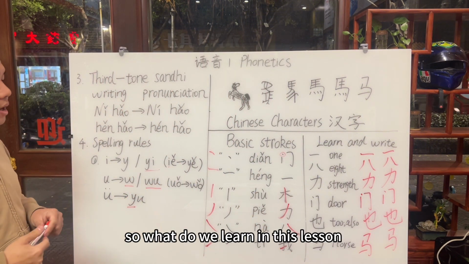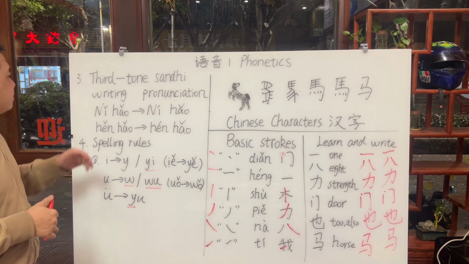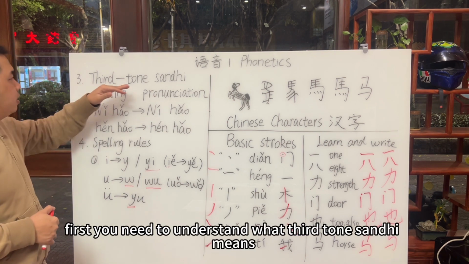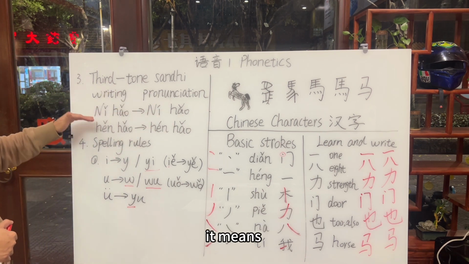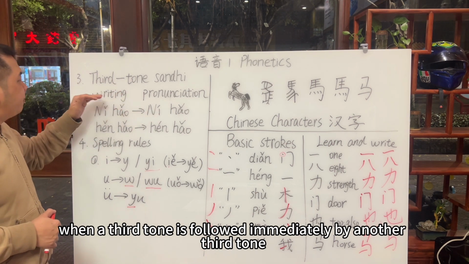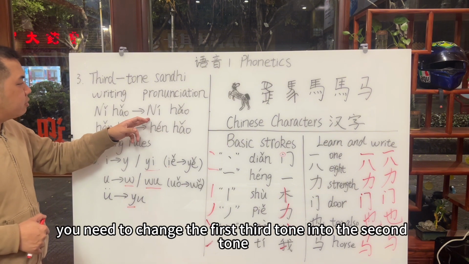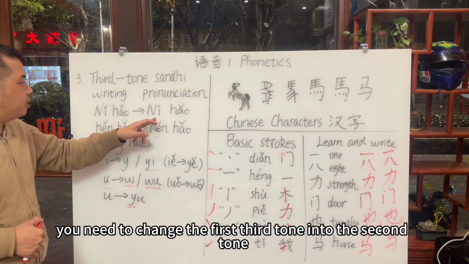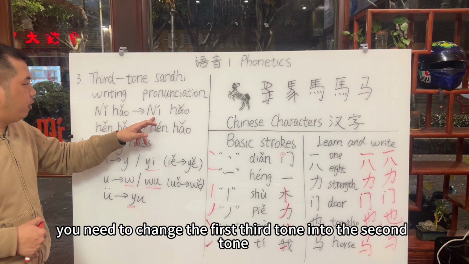So, what do we learn in this lesson? First, you need to understand what third tone sandhi means. It means when a third tone is followed immediately by another third tone, when you pronounce them, you need to change the first third tone into the second tone.